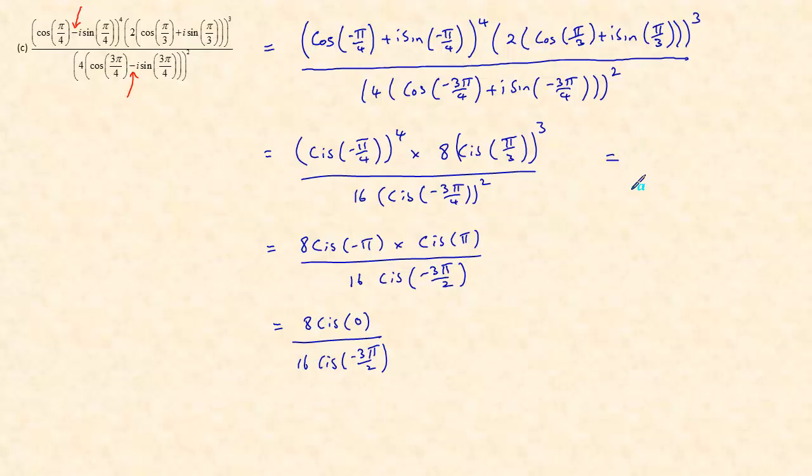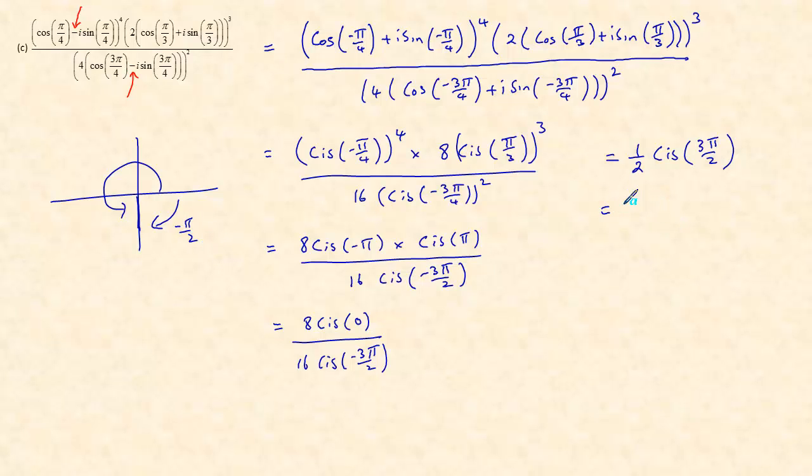So we've got the 8 divided by 16, that's a half, and we'd subtract the arguments here, so that would give me 3 pi by 2, and of course that's not a principal argument. 3 pi by 2 is here, so negative pi by 2 would be the principal argument, so that's going to be a half cis negative pi by 2. Now since that's here, that's going to just be negative a half i.